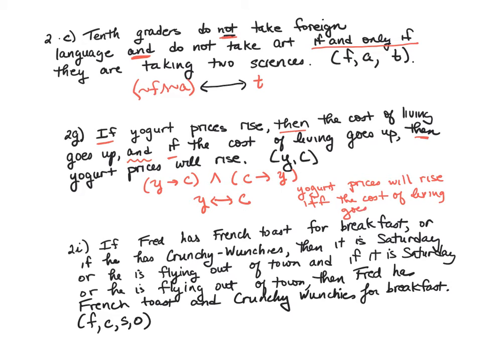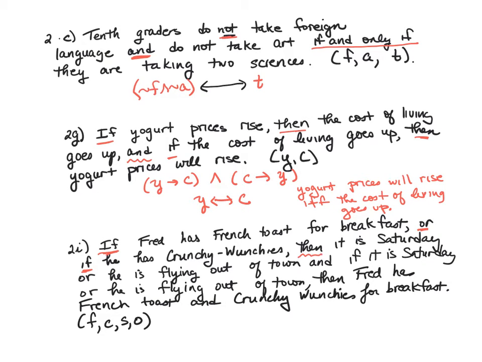And in the next one, and I have to read it to make sure I copied it correctly, it's a long one. It is the conjunction of a conditional and its converse. Let's look at it. If Fred has French toast for breakfast, so there's your if, or if he has crunchy munchies. Okay, so we've got 2 ifs. Perhaps we could condense that into one if.